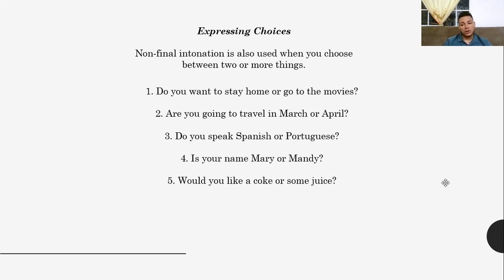Would you like a cookie or some juice? There is a high intensity when we identify some words, for example, March or April, Spanish or Portuguese, Mary or Mandy, cookie or some juice. And this will help the other people to identify what you are referring to.